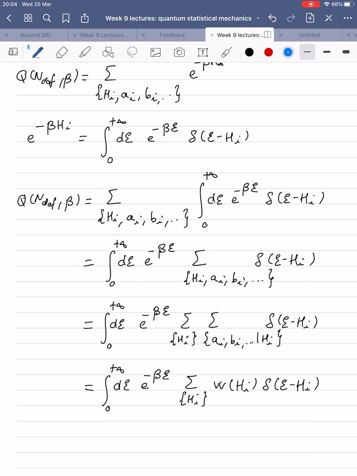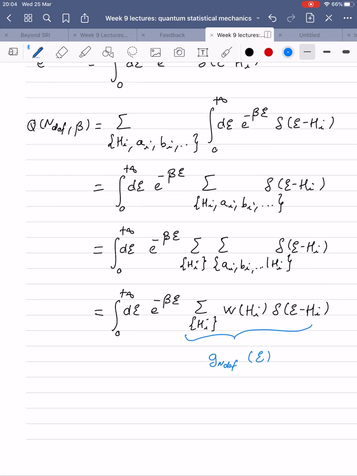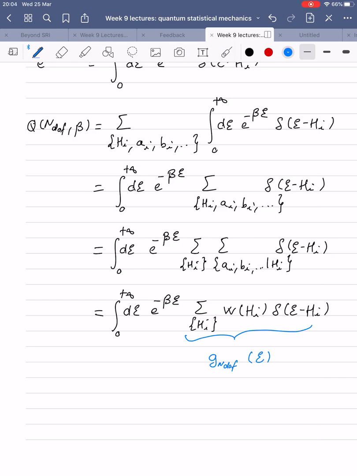So here I recognize that this is G_QM of epsilon. Okay? So in the end, we get the final result that the relationship between the density of state, G_QM of E, and the degeneracy is the following: sum over all possible values of the spectrum, the energy spectrum, and then W of H_i, and then delta of epsilon minus H_i.